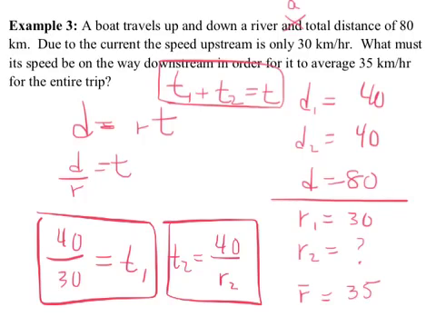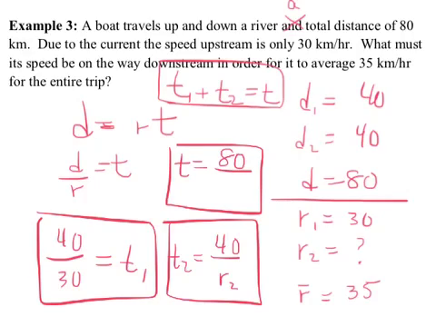What's the overall trip? Overall trip is 80 kilometers. What's the speed for the overall trip supposed to be? We want the average speed for the entire trip to be 35, right?